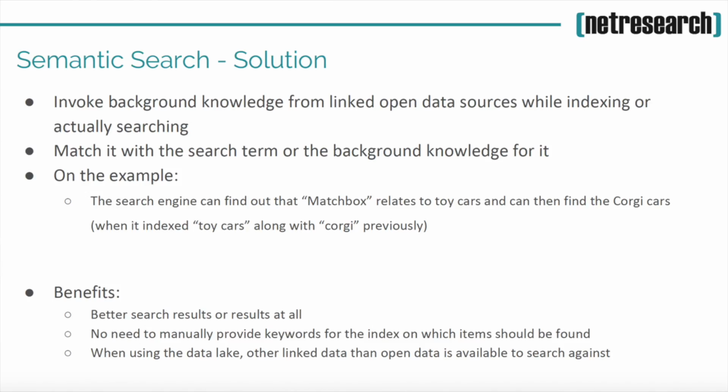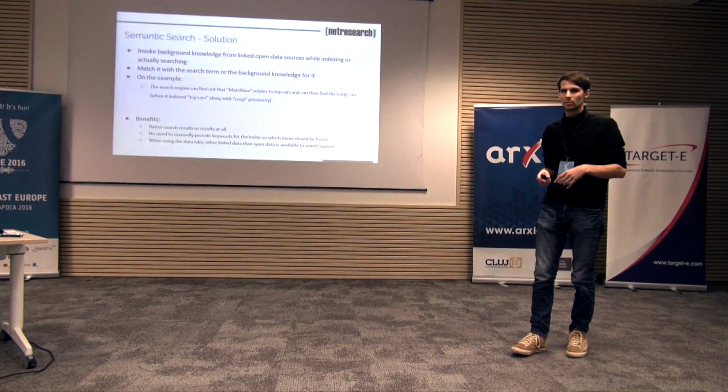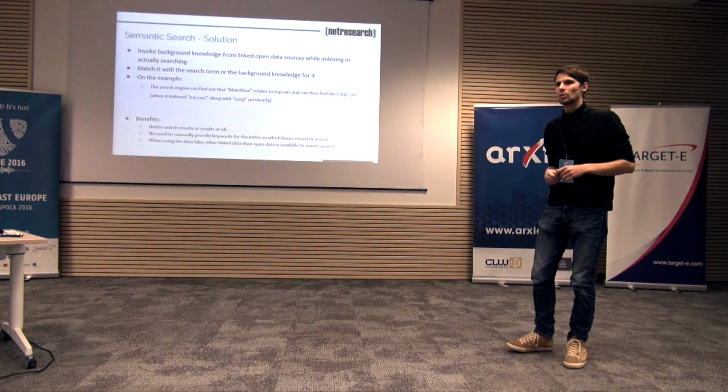The semantic solution to this could once again be to use background knowledge, both on the term that the user is actually searching for and on the data and contents that are indexed, and to use this background knowledge to match both with each other.